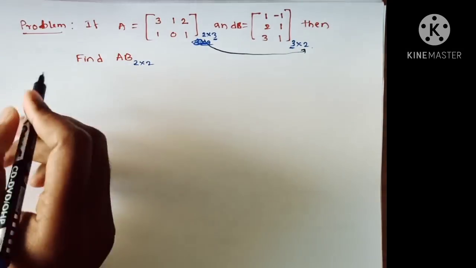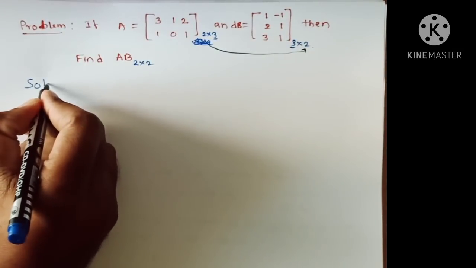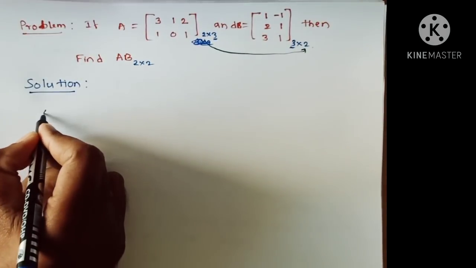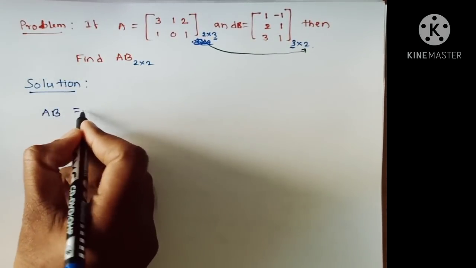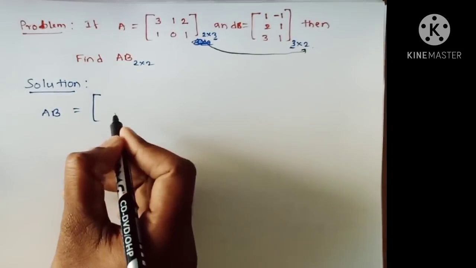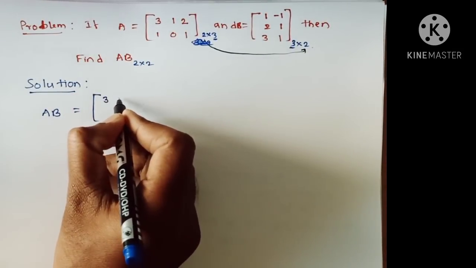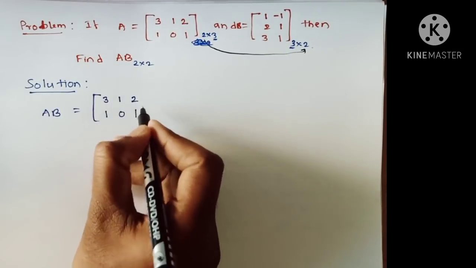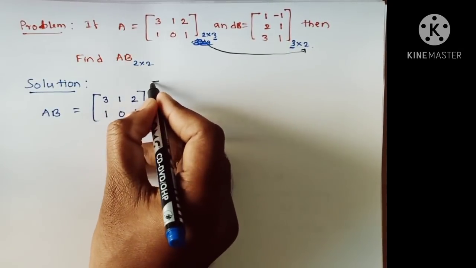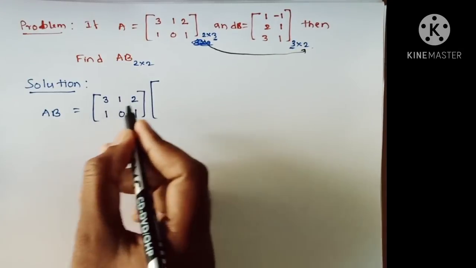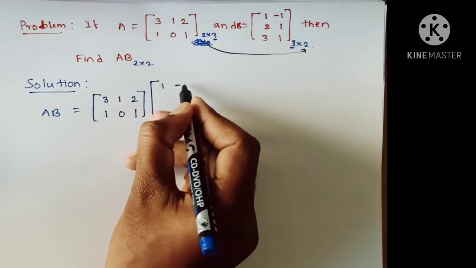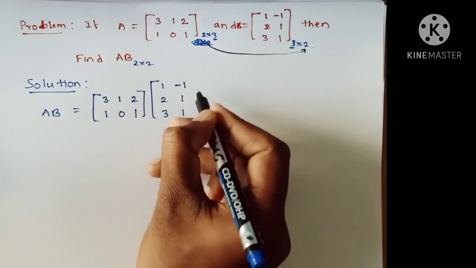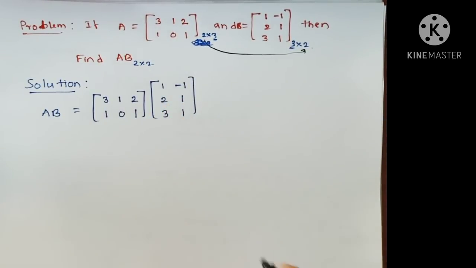Now here A into B. Here A is a matrix of order 2 by 3 with the entries 3 1 2 and 1 0 1, into another matrix B with the entries 1 minus 1, 2 1, 3 and 1.